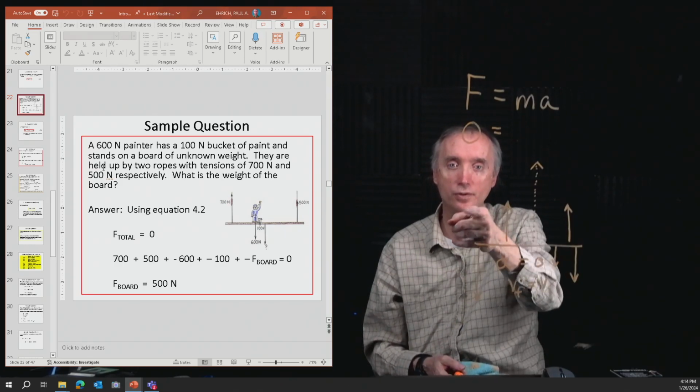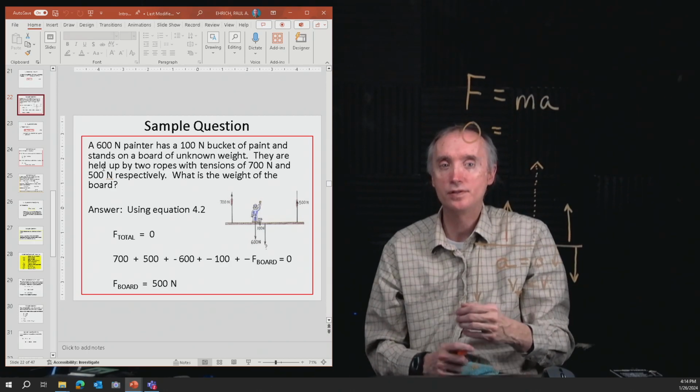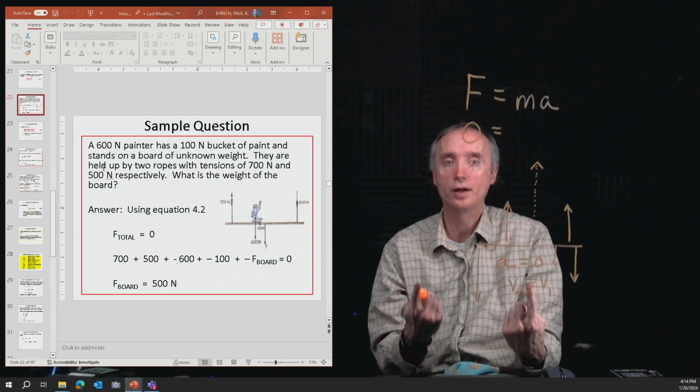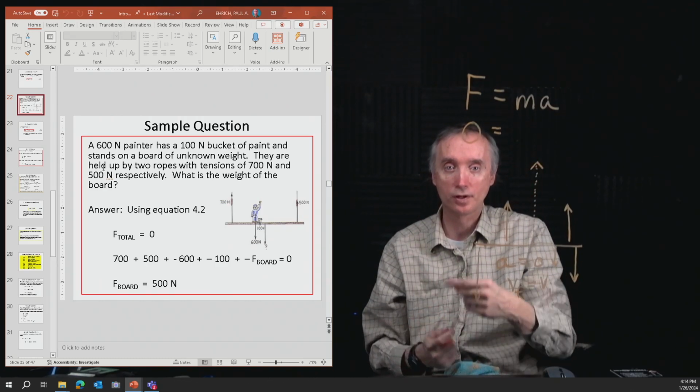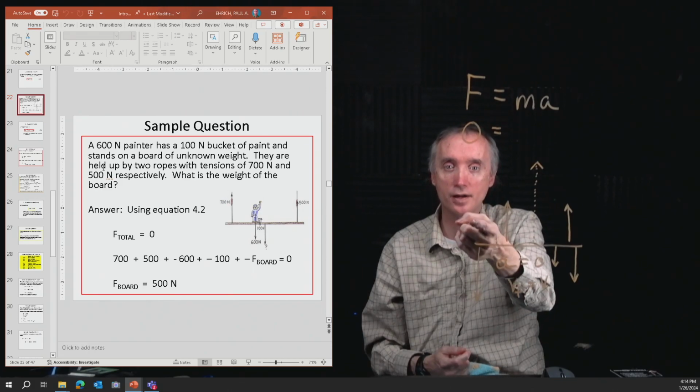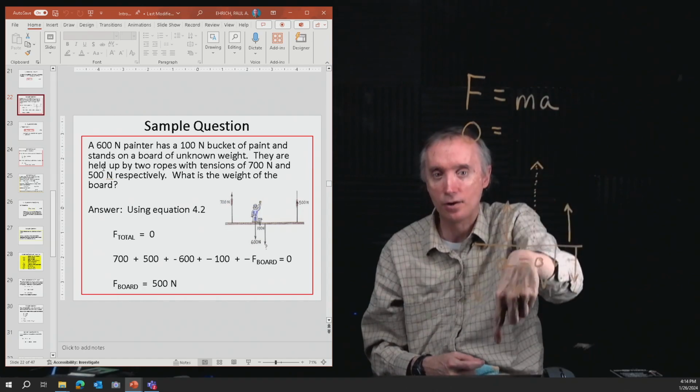So here's how we do it. We set the sum of the forces equal to 0. What are the forces going up? Those are going to be positive, so we have 700 plus 500. And what are the forces going down?